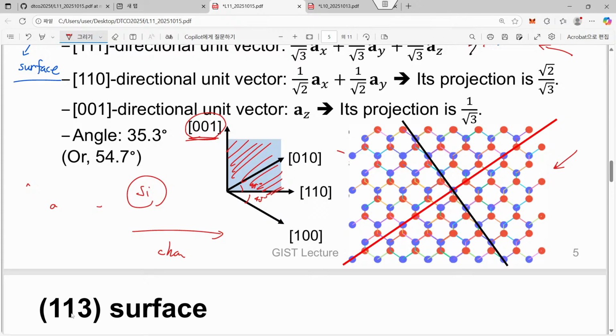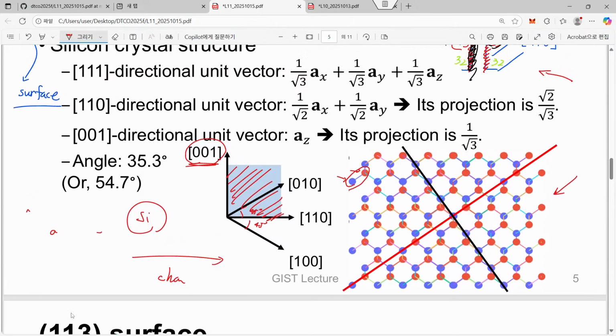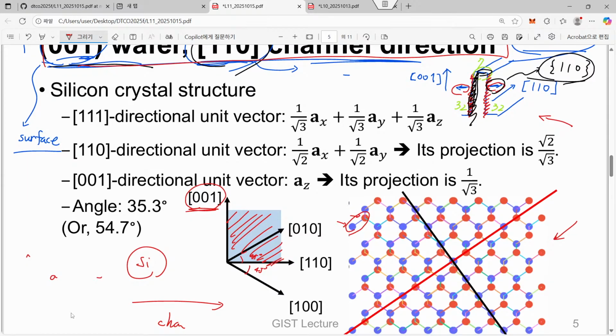They are equivalent silicon atoms, and a pair of these two balls makes the basis of our diamond structure. Okay, so then now think about what is the surface corresponding to one direction when we watch the TEM image.